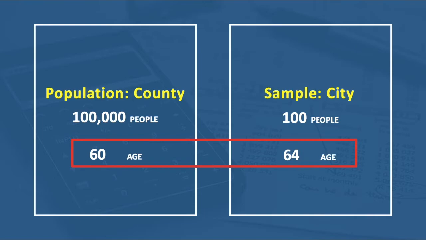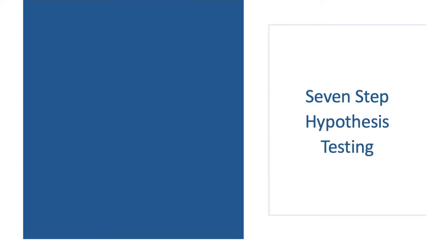But the beauty of this is that we can use the power of statistics to help us determine whether or not there is a statistically significant difference between these averages. So here's how we do it. We use something that we call the 7-step hypothesis testing format. Here are the steps we'll investigate. First, we have to state our hypothesis.